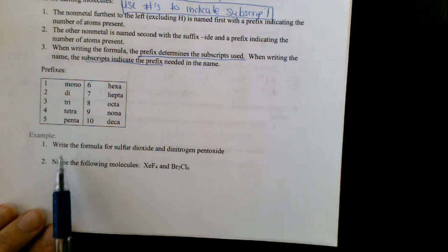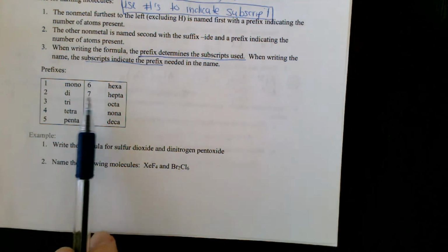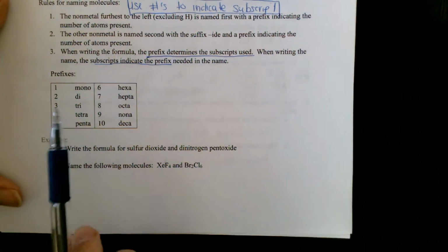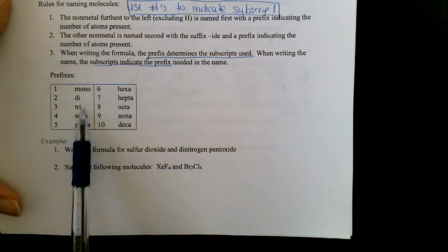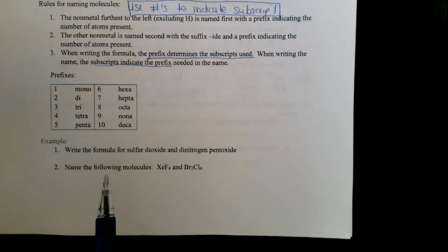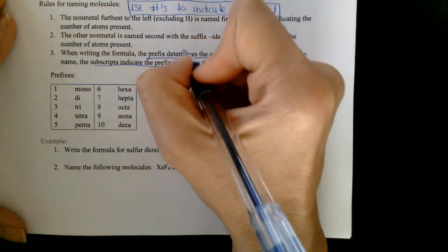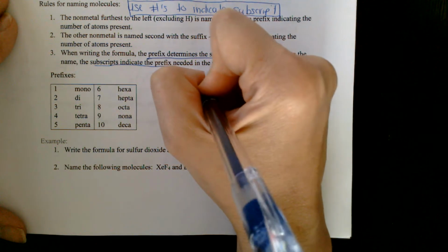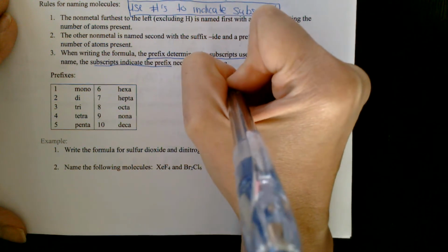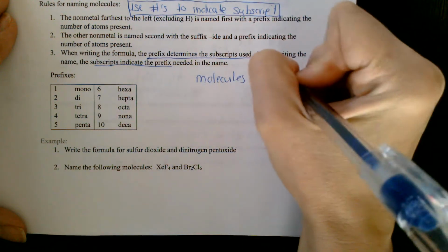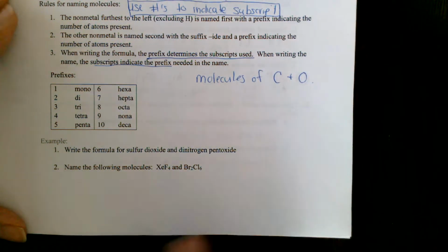Before I get to the examples, why do we do this? It's because we can have different combinations of nonmetals to form molecules. One you would probably be familiar with is molecules of carbon and oxygen.